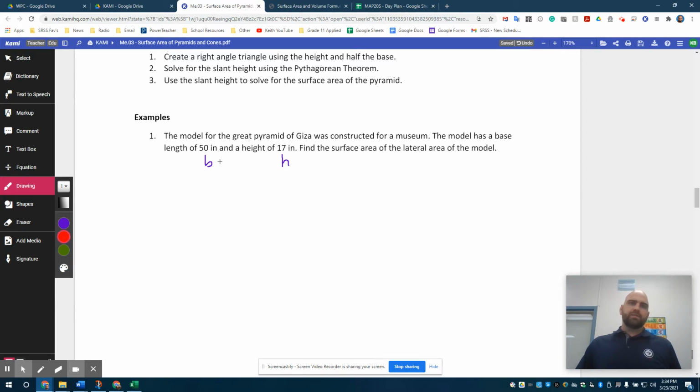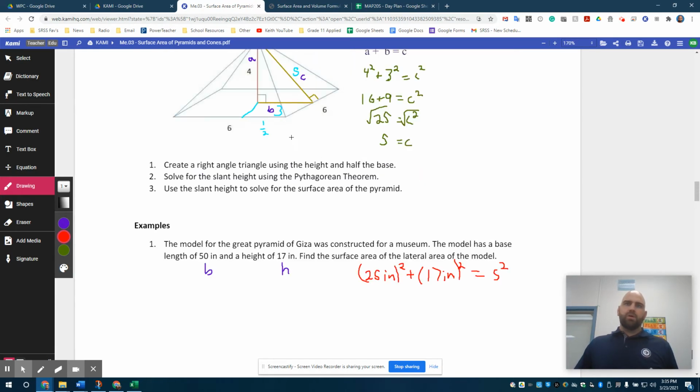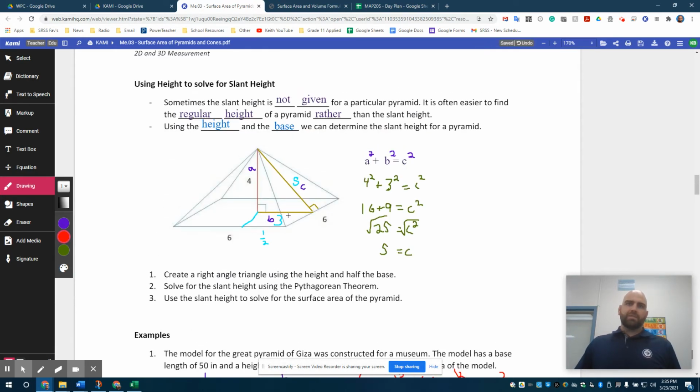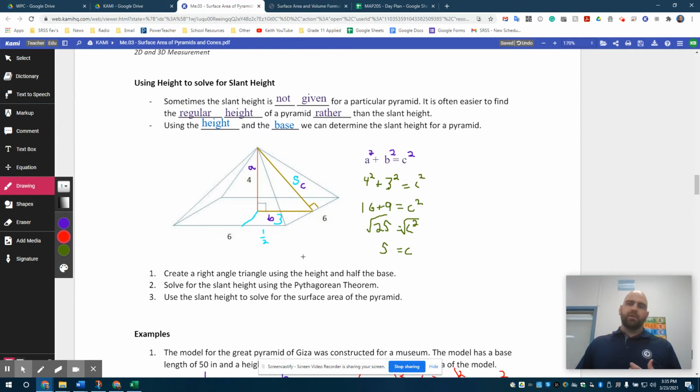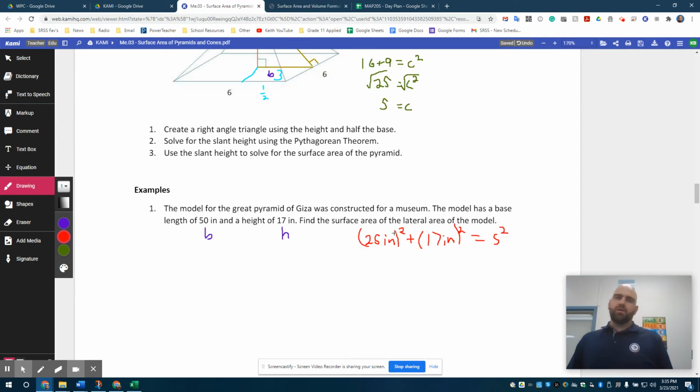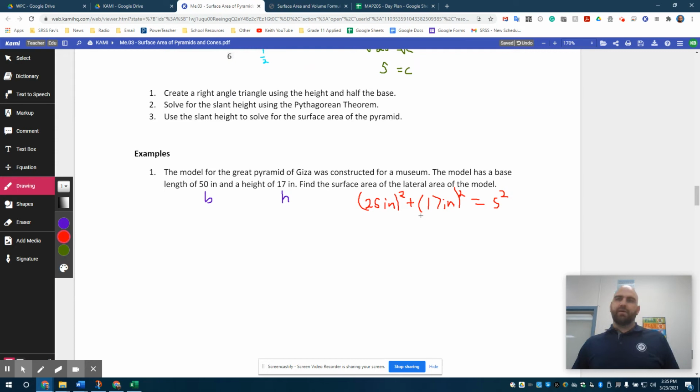To find this, this is our base, this is our slant height. So we're going to do 25 inches squared plus our height of 17 inches squared. I'm using 25 because it's half of the base; remember our triangle here was half the length of the base, so if our base is 50, it's going to be 25.